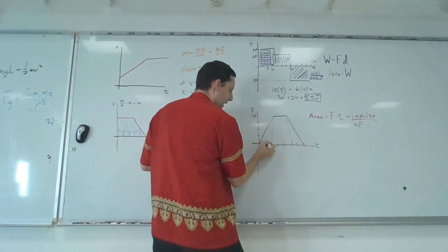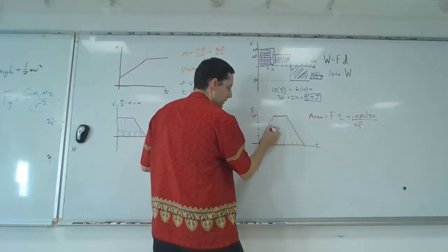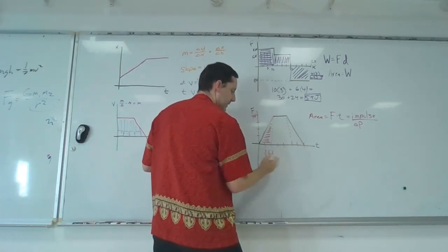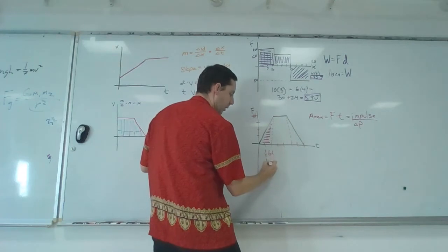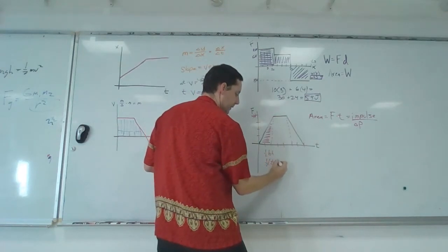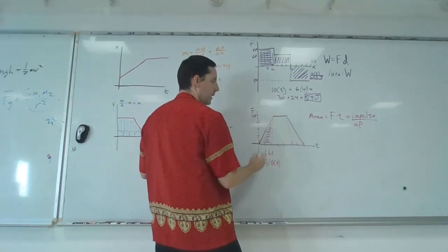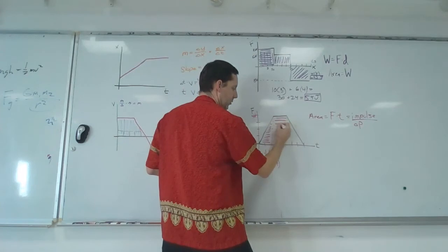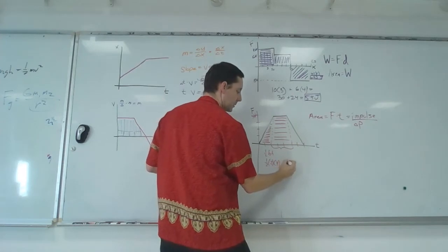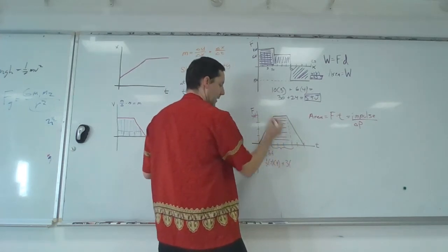So I've got a triangle here. So the area of a triangle is 1/2 base times height. So I'm going to go 1/2. The base is 2 there, and then the height is 4 newtons. So that would be that triangle. Then I've got this rectangle right here. Okay, the rectangle goes 3 on its base times a height of 4.